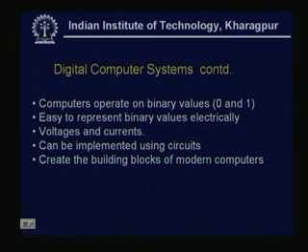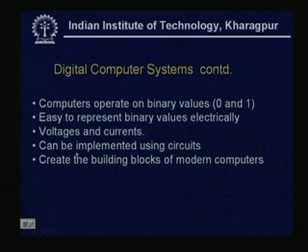Say if a power supply is generating a 5 volt supply, then say 0 to 2 we mark as a 0, and 2 to 5 we mark as a 1. So these voltages and currents we can easily represent by 0 and 1. Now this can be implemented using circuits to create the building blocks of modern computers. So this is the main basics of computer systems.